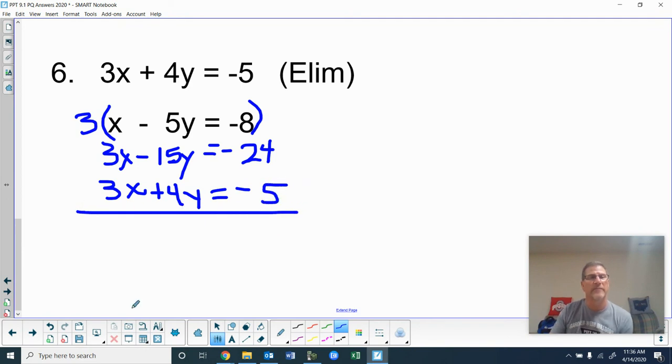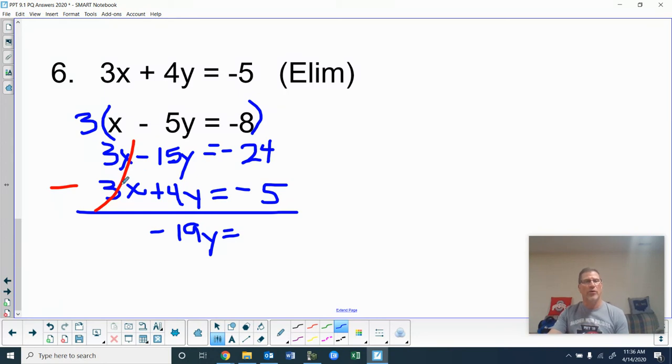And then figure out add or subtract. Both 3x's are positive, signs are the same, so we subtract them. So the 3x's cancel. -15 minus 4 is a -19y.